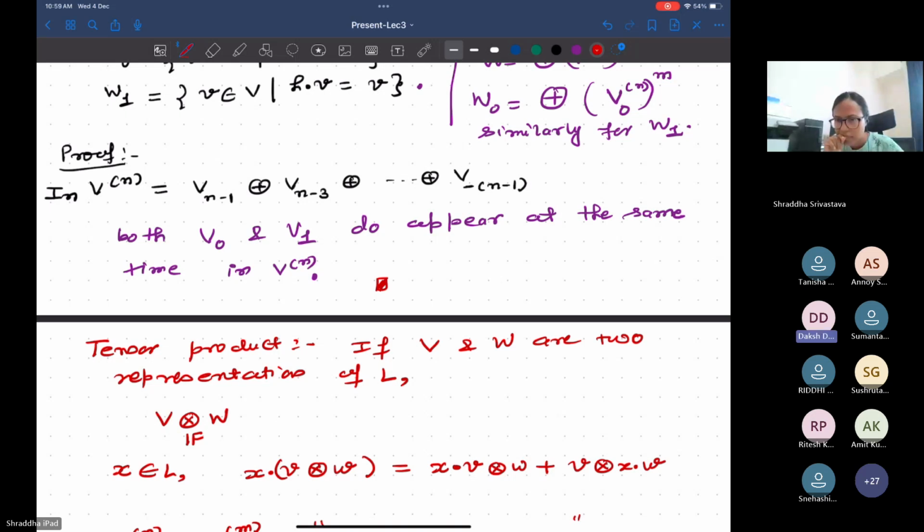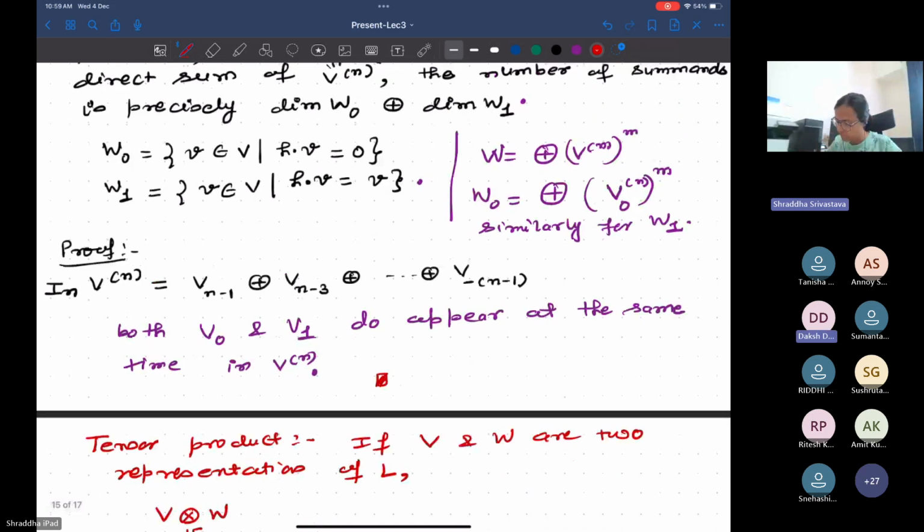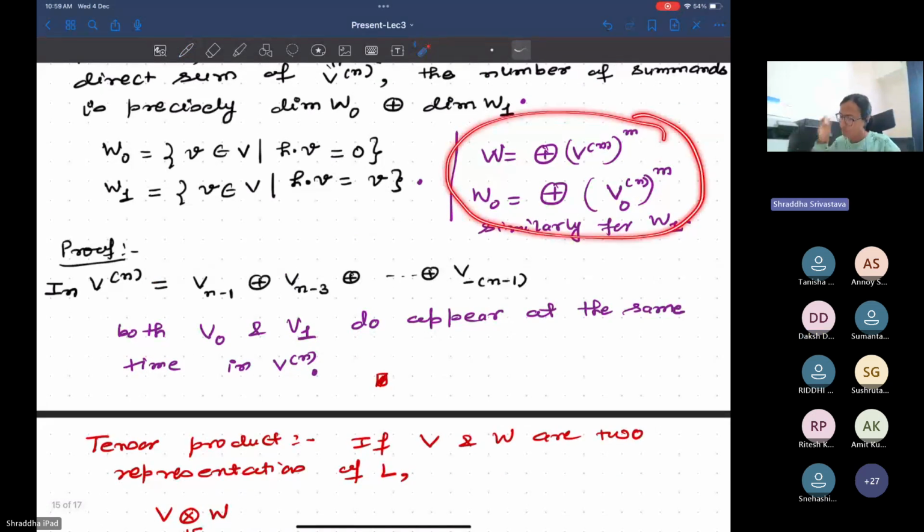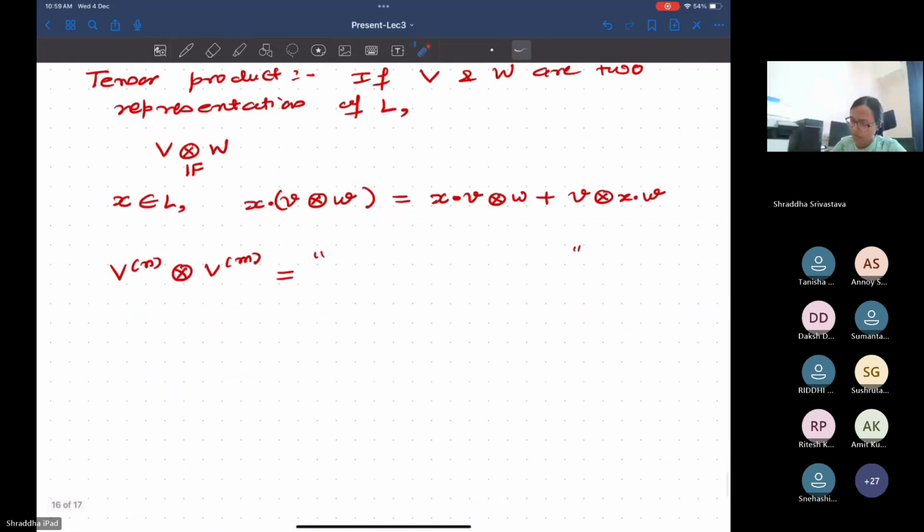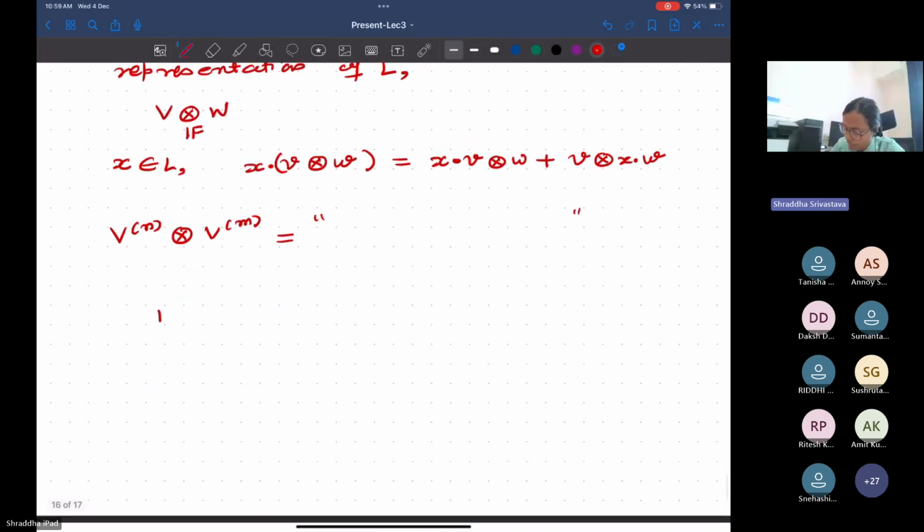Ma'am, what do you mean by writing that W_0 is a direct sum of V_0 to the power m? Where is it? Here? Yes, ma'am, top right. Okay, so let's do that. What do I mean by that? From Weyl's theorem, I can write W as a direct sum of various irreducible representations with possibly some multiplicity, right? Yes, ma'am. This I can do.